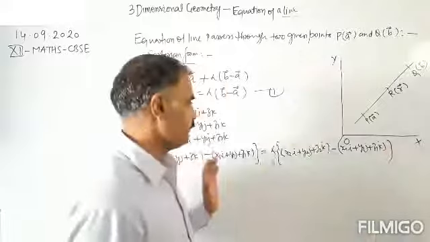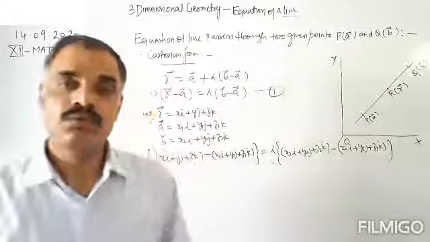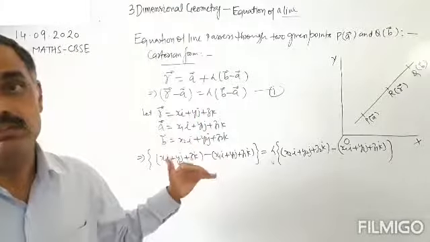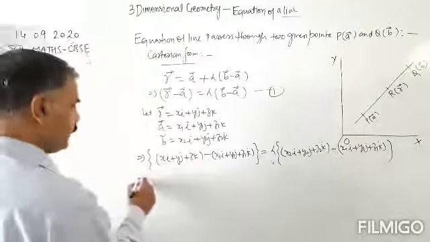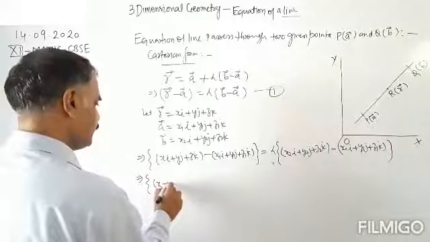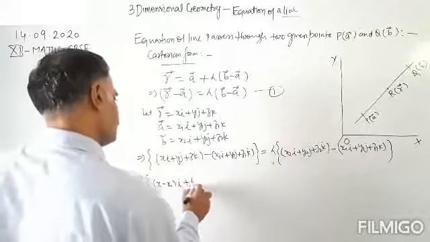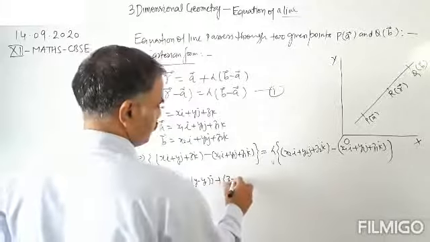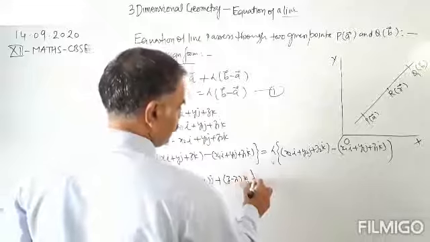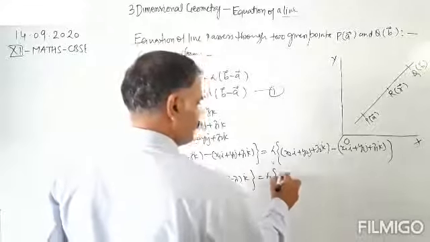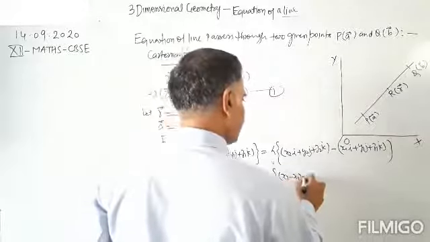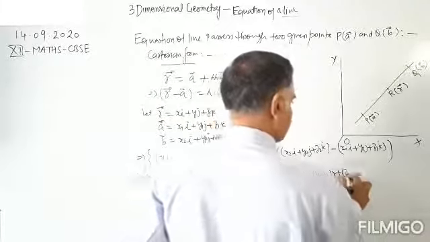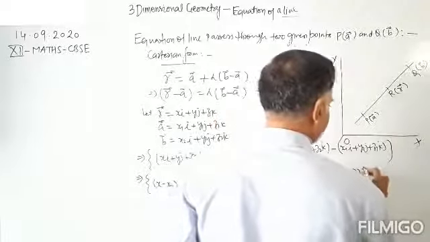Now we will put this in component form: x minus x1 i cap plus y minus y1 j cap plus z minus z1 k cap equals lambda into x2 minus x1 i cap plus y2 minus y1 j cap plus z2 minus z1 k cap.